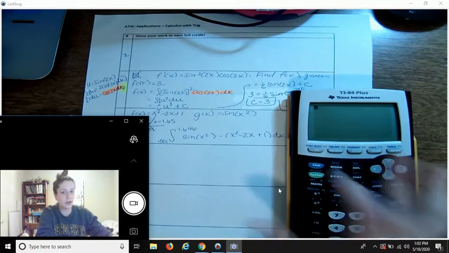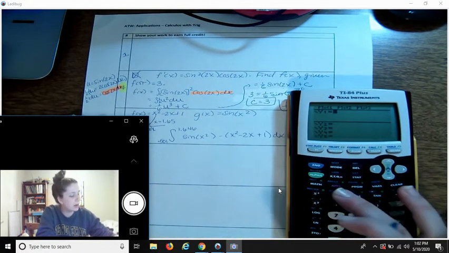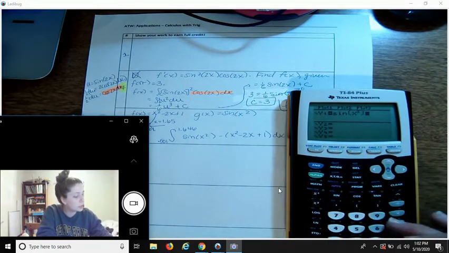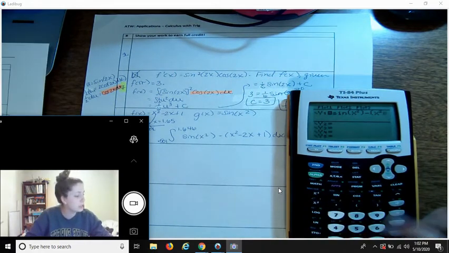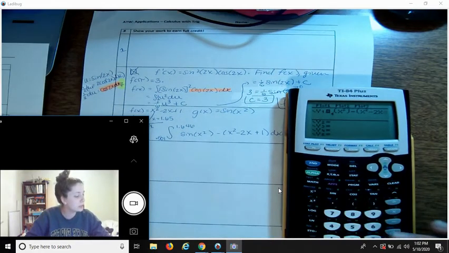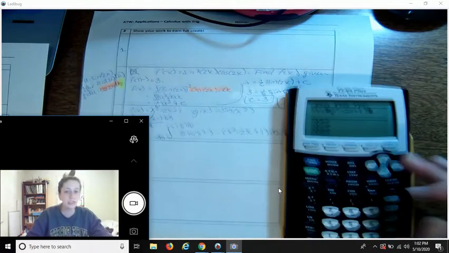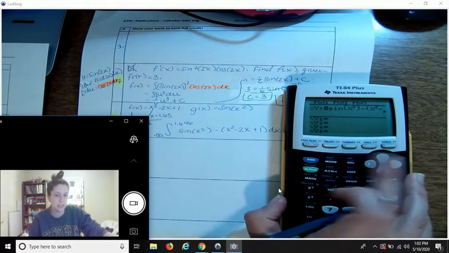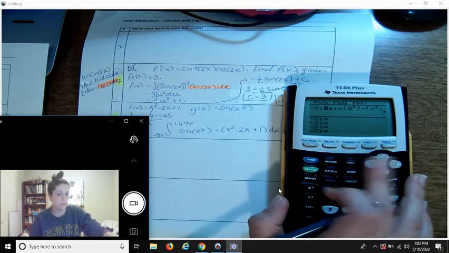Okay, so you're going to go to y equals, and you're just sticking sine of x squared minus, put your parentheses, so you don't even do any algebra in your head, minus 2x plus 1. Okay, so you have our quadratic function in parentheses, a subtraction sign, and then your sine of x squared first.